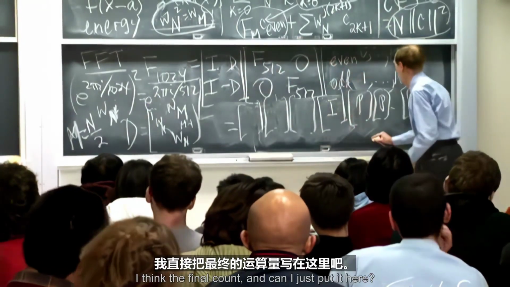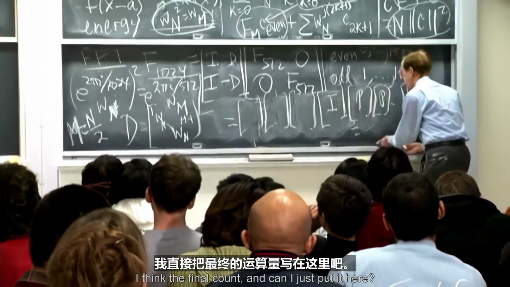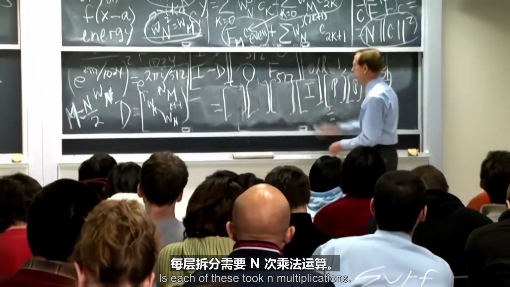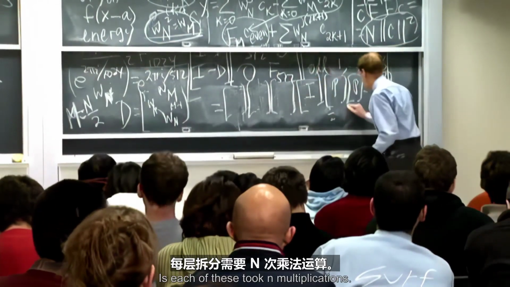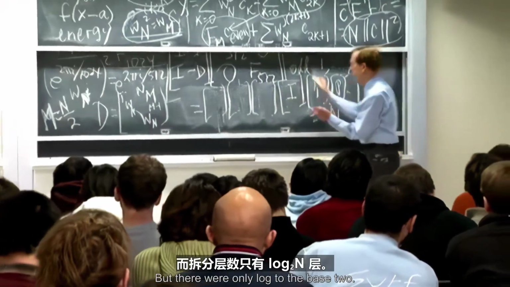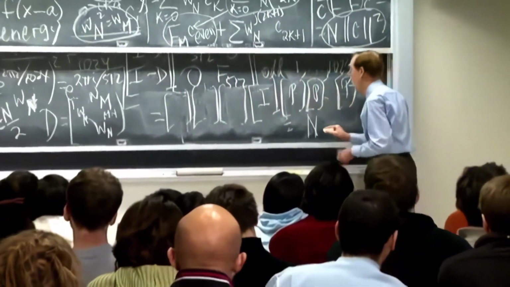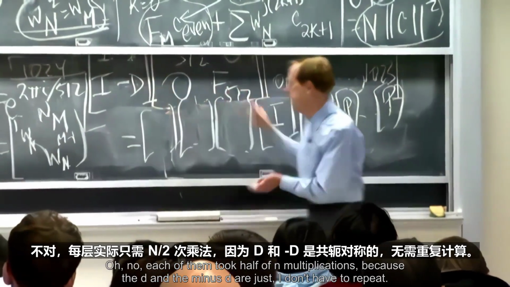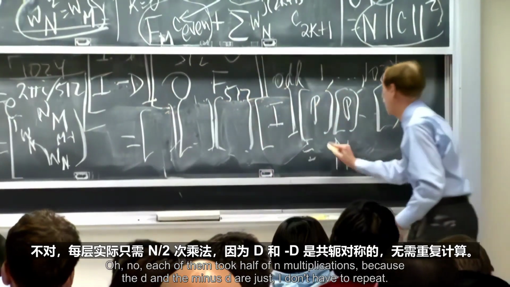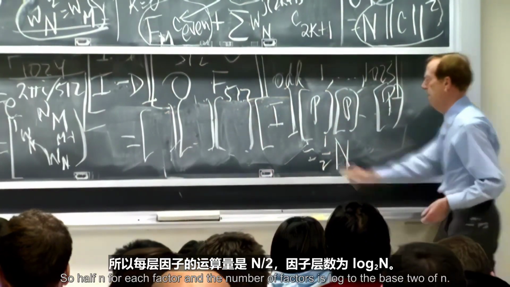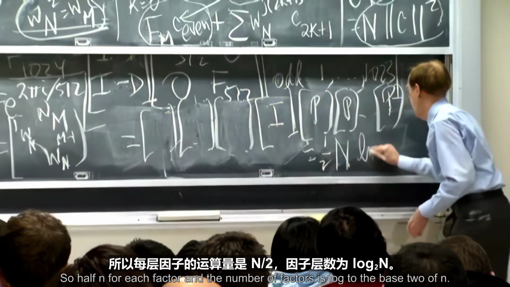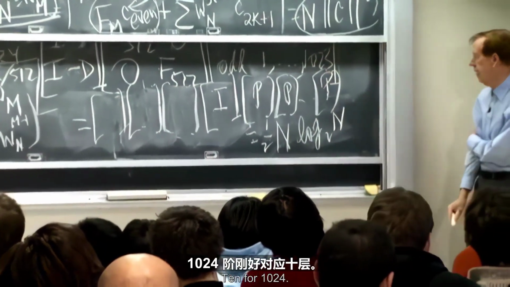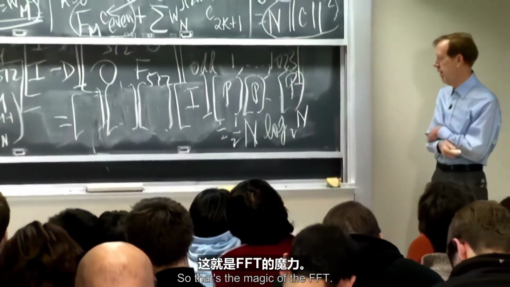This is the great number: each of these took half of n multiplications, because the D and the minus D I don't have to repeat. So half n for each factor, and the number of factors is log to the base 2 of n, 10 for 1024. So that's the magic of the FFT.